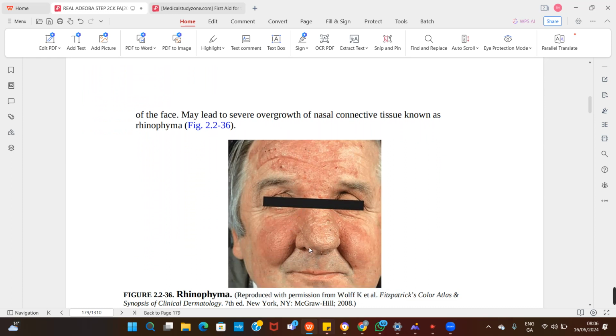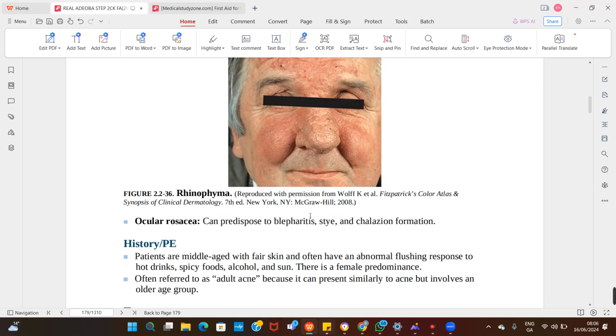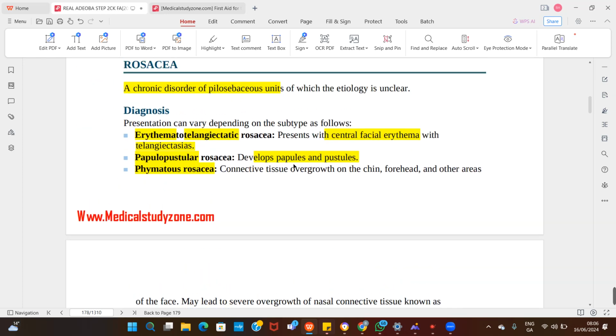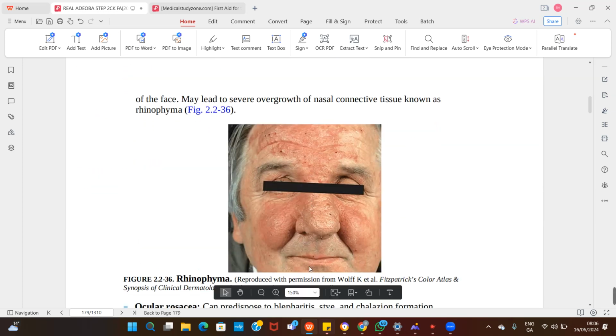So this is like the phymatous form combined with the erythematotelangiectatic form. Although I'm not really seeing telangiectasia here, let's just say this is phymatous form, with the facial flushing, right? So this is the phymatous rosacea. You can see the bulbous dilatation of the nose. That's just what you are looking out for.